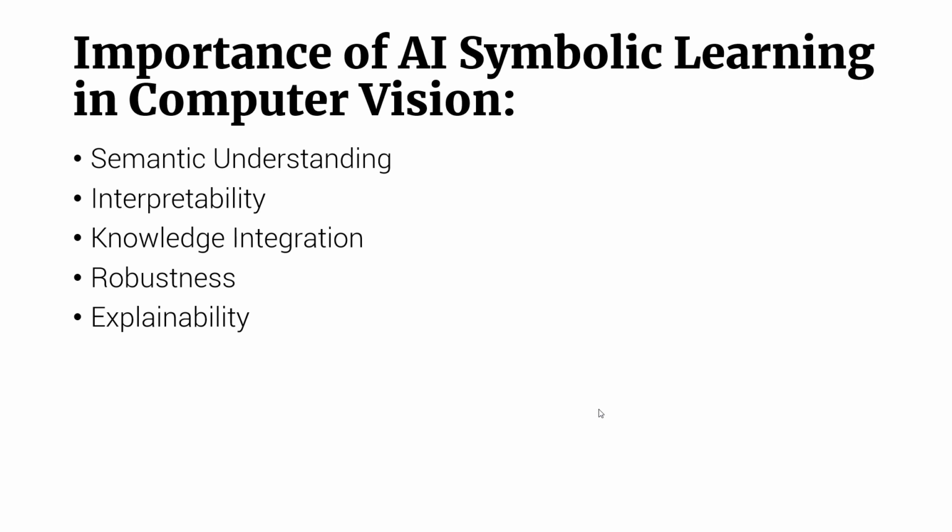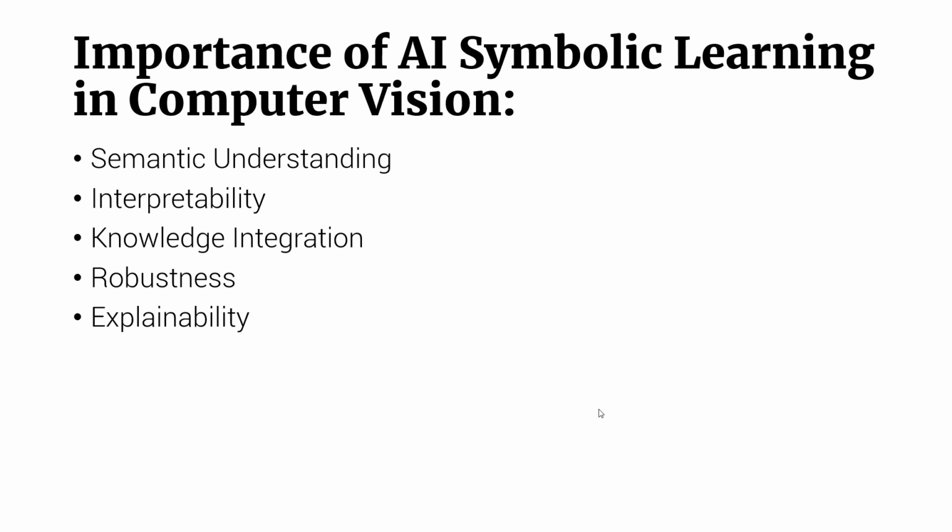Okay, so let's continue on the importance of AI symbolic learning in computer vision. So we have here five importance of AI in symbolic learning in computer vision. We have semantic understanding, interpretability, knowledge integration, robustness, and explainability.